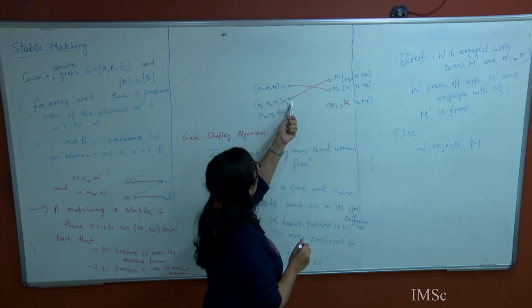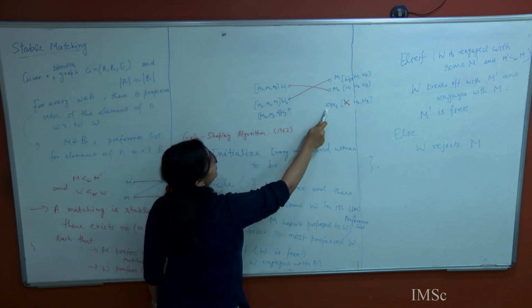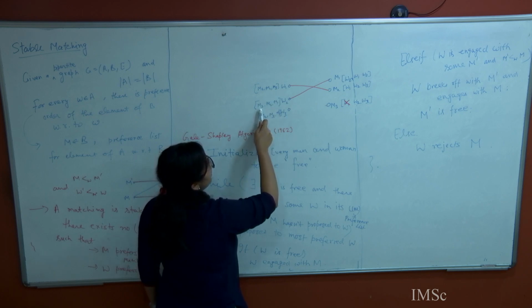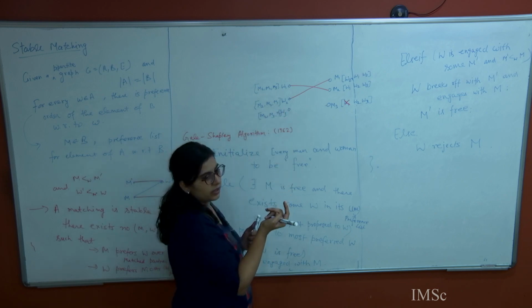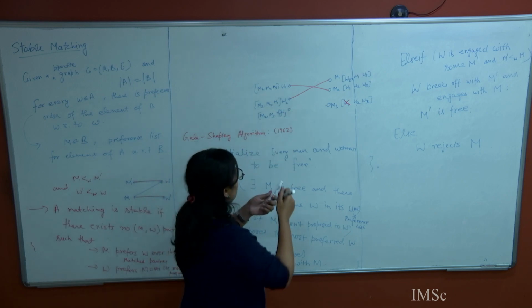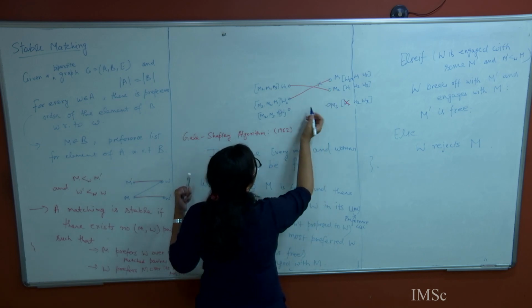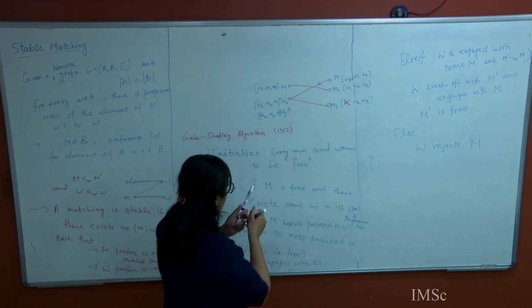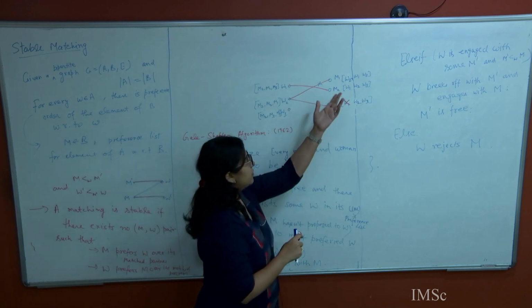Then he will go to W2 and propose, and now W2 is matched with M1 and M3 is proposing to W2. Now, in her preference list, M3 has a better rank than M1, right. So, what will W2 do? She will break off with M1 and match with M3. Okay. Now, M1 is free. In this step, M1 gets free.